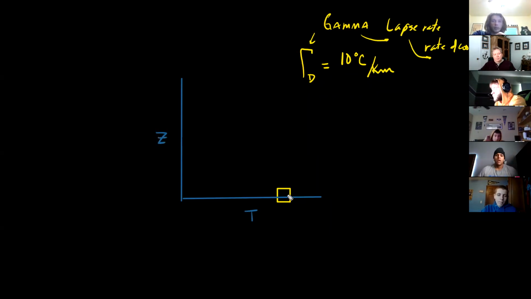Do you agree that the box should cool at 10 degrees Celsius per kilometer, which is called the dry adiabatic lapse rate? So I'm saying that this so-called slope, and it's not really a slope, but it's ish, is going down 10 degrees Celsius for every 1 kilometer I go up, right?